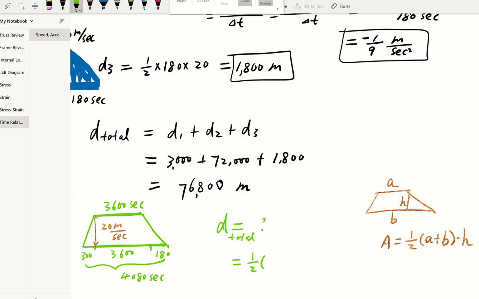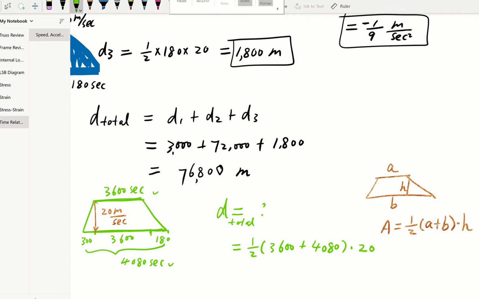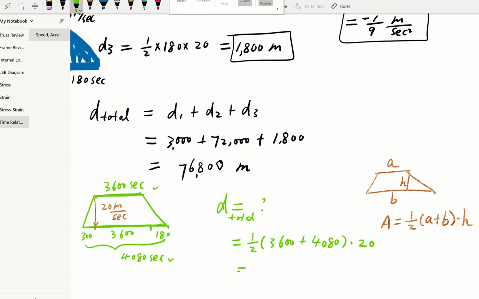Half the top base, 3,600, bottom base, 4,080, and then the height is 20. All right, let's put it into our calculator. 3,600 plus 4,080 divided by 2 times 20. That gave us exactly 76,800 meters.